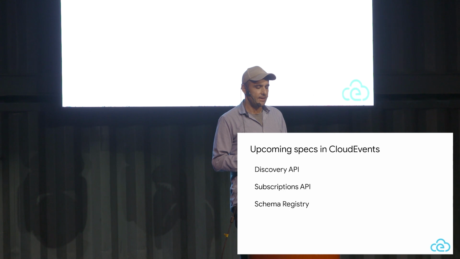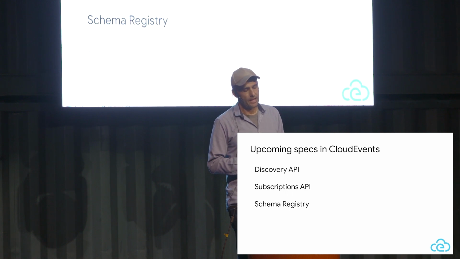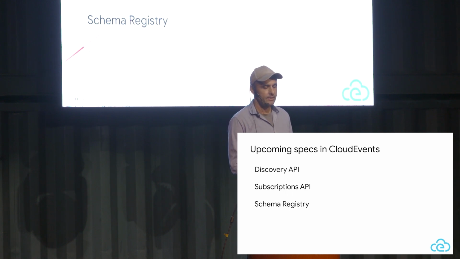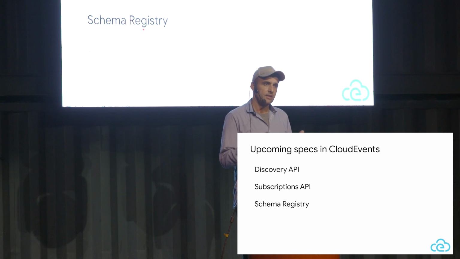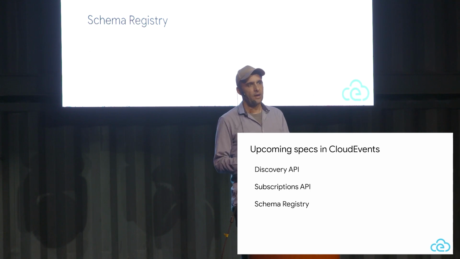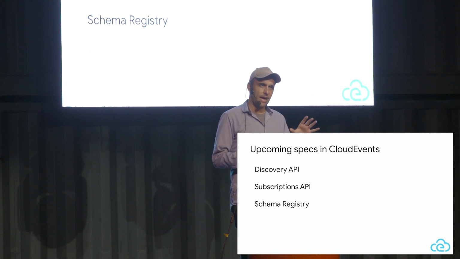And then finally, there are three specs coming up in CloudEvents: Discovery API, Subscriptions API, and Schema Registry. These are all about how you discover these events, how you subscribe to them, and what their schema looks like, right? I will talk about AsyncAPI shortly, and these are also in AsyncAPI.